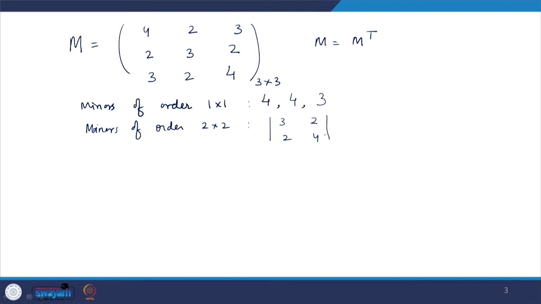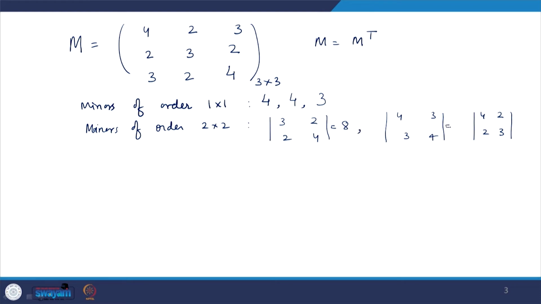Now, suppose you delete the second row and second column. You are left with [4 3; 3 4]. Now, you delete the third row and third column, and you are left with [4 2; 2 3]. What is the determinant of the first? It is 12 minus 4, that is 8.